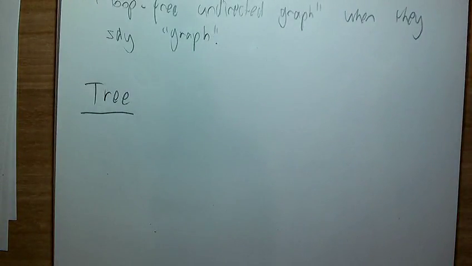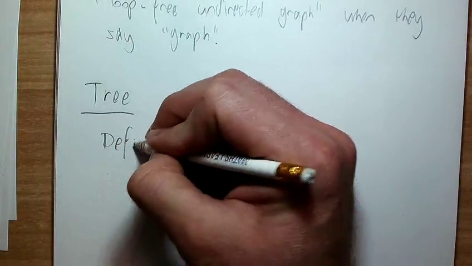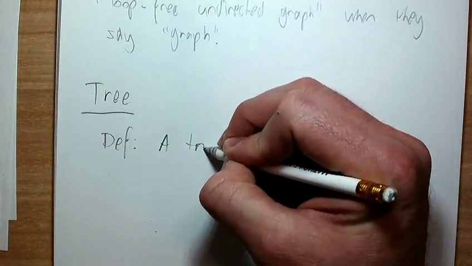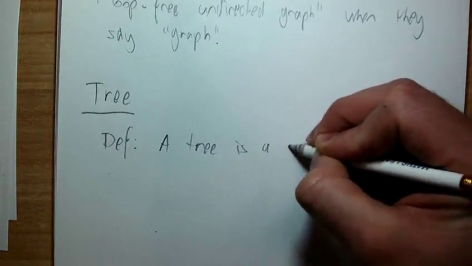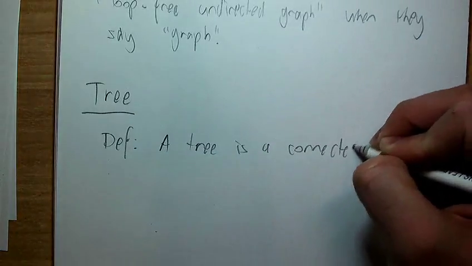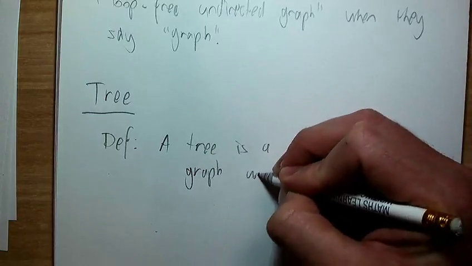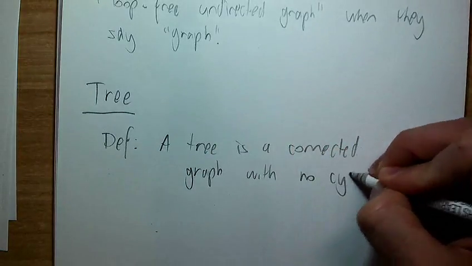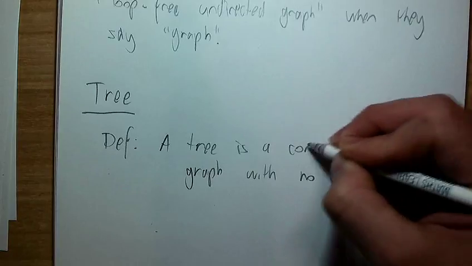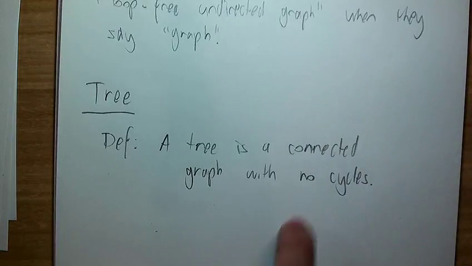So the definition: a tree is a connected graph with no cycles. Now that requires us to define what we mean by connected and what we mean by cycles, but I'm putting it here because it goes with a picture.